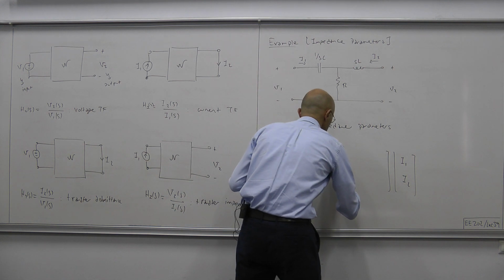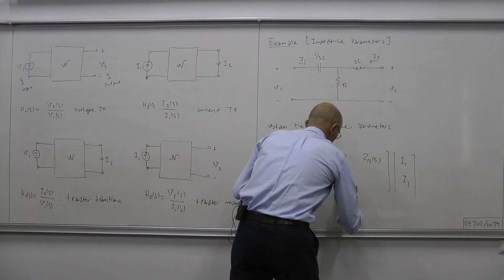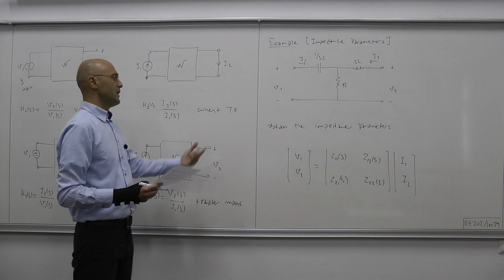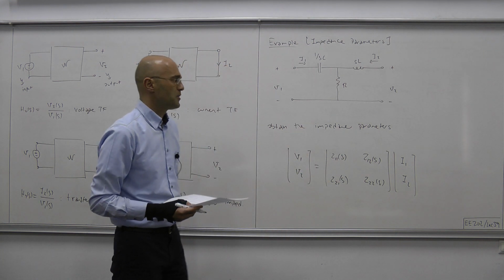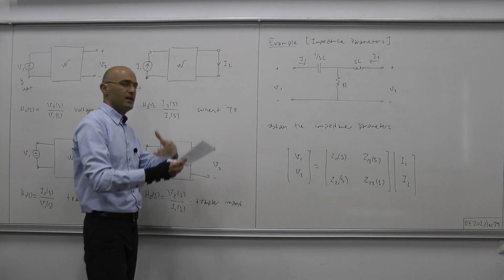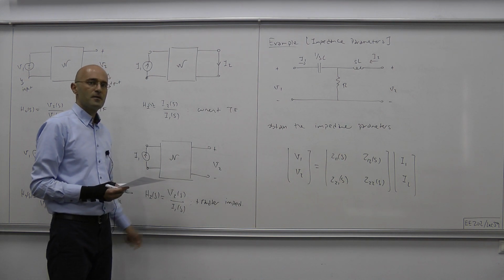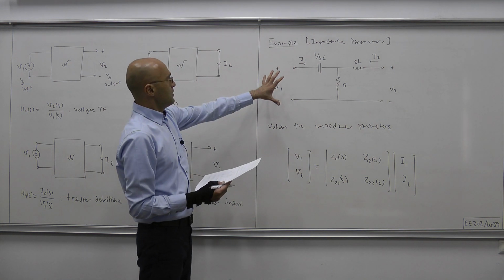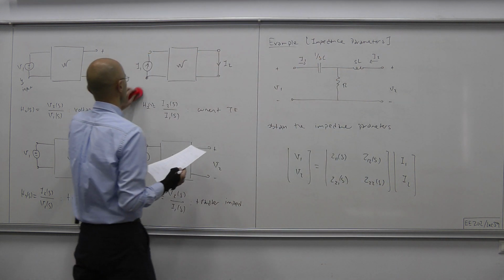Okay, so we would have Z11 of S, Z12 of S, Z21 of S, and here we have Z22 of S. Okay, clearly we can also talk about admittance parameters, the hybrid parameters or chain parameters for 2 ports in S domain, so that all of them will be matrix generalizations of the concept of transfer function, which we defined initially for the single input, single output case. Okay, let's obtain the impedance parameters, and then we can move on to some other examples.